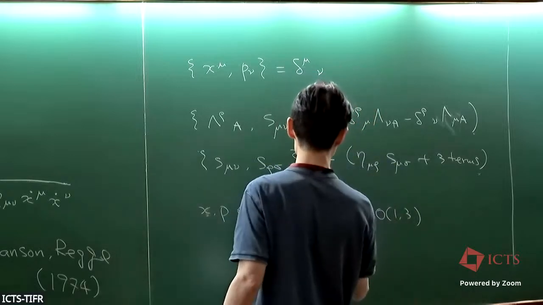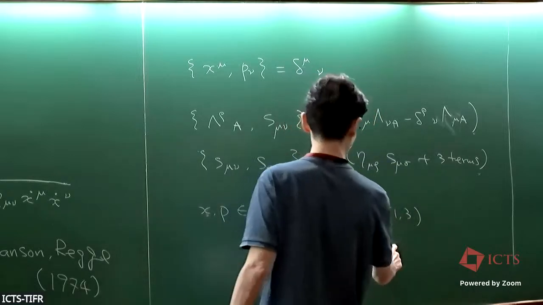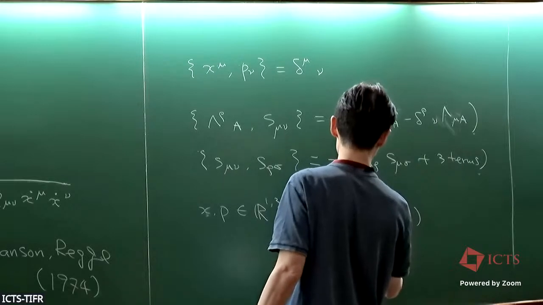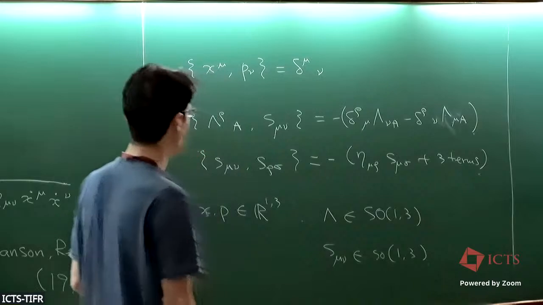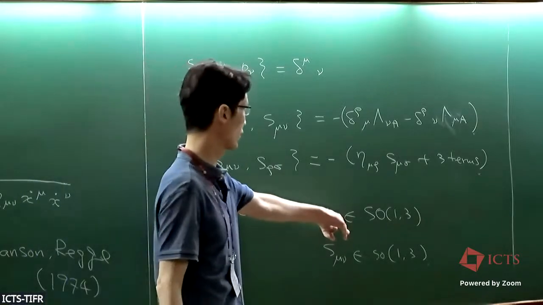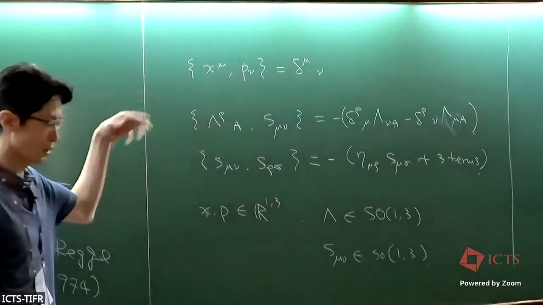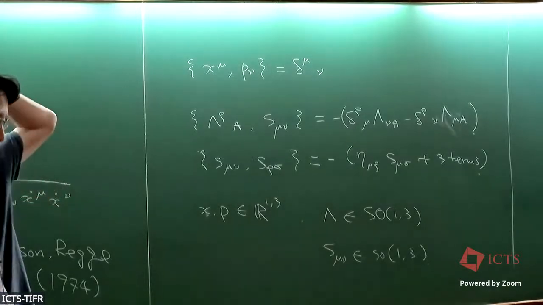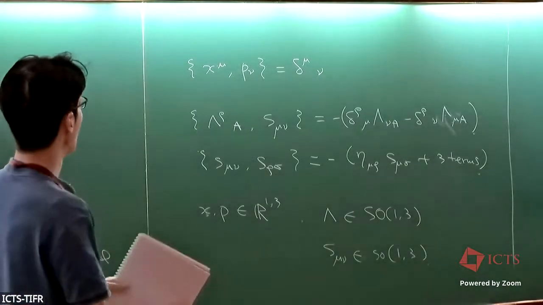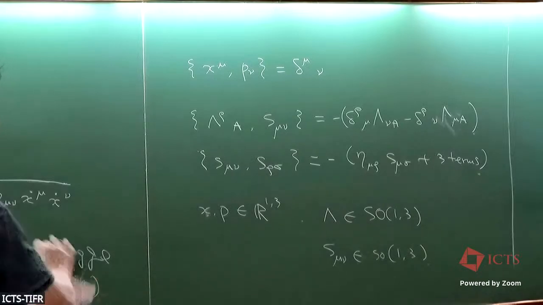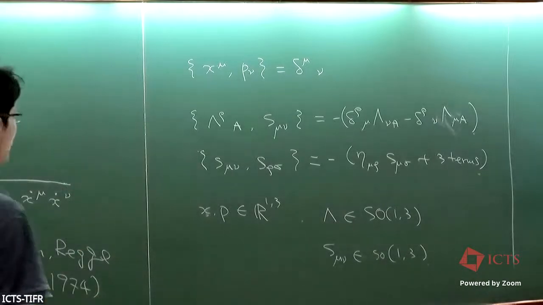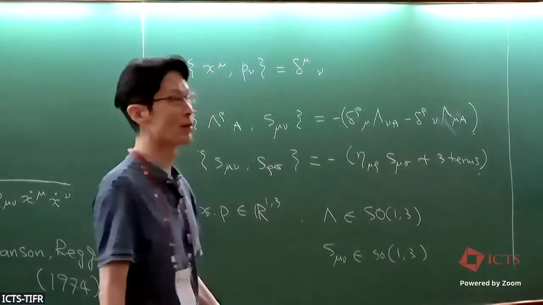And S^{μν} is an element of the Lie algebra of SO(1,3). And the time derivative of lambda gives you the relativistic version of the angular velocity. So it looks perfectly covariant.